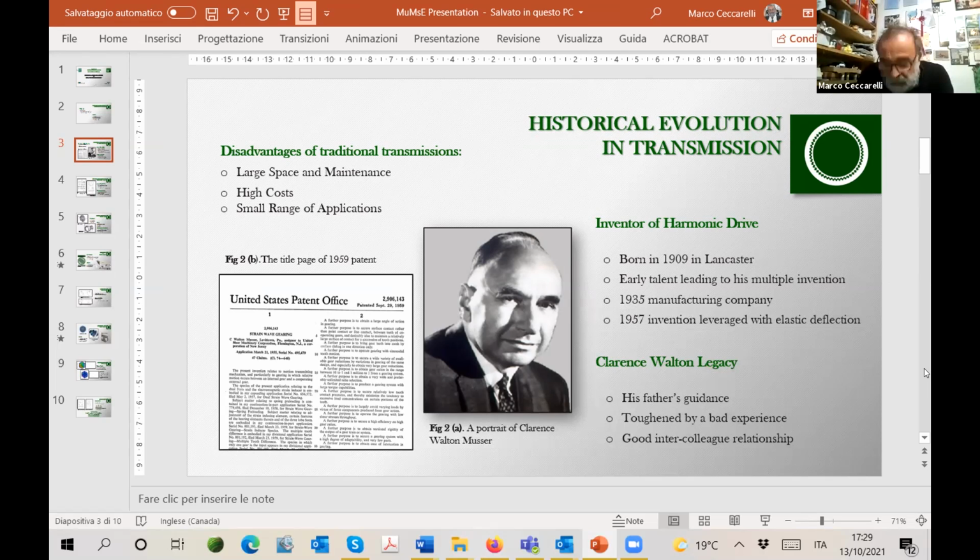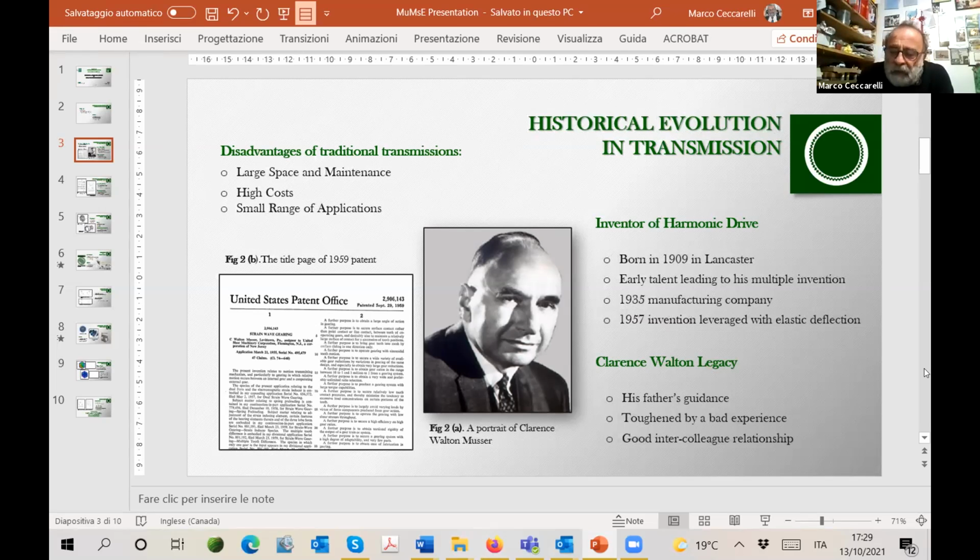So the problem was looking for a solution to the disadvantages of traditional transmissions that you see listed there: large space, problems in maintenance, high cost, and a small range of application.